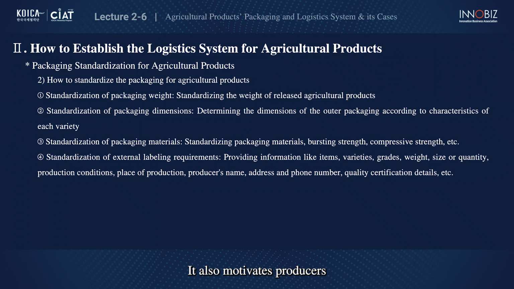It also motivates producers to improve product quality to earn consumer confidence and gain promotional effects. Both parties can avoid the hassle of opening a package, and check the commerciality of the packaged agricultural products, like whether products match the labeling, thereby increasing the reliability and efficiency of transactions.